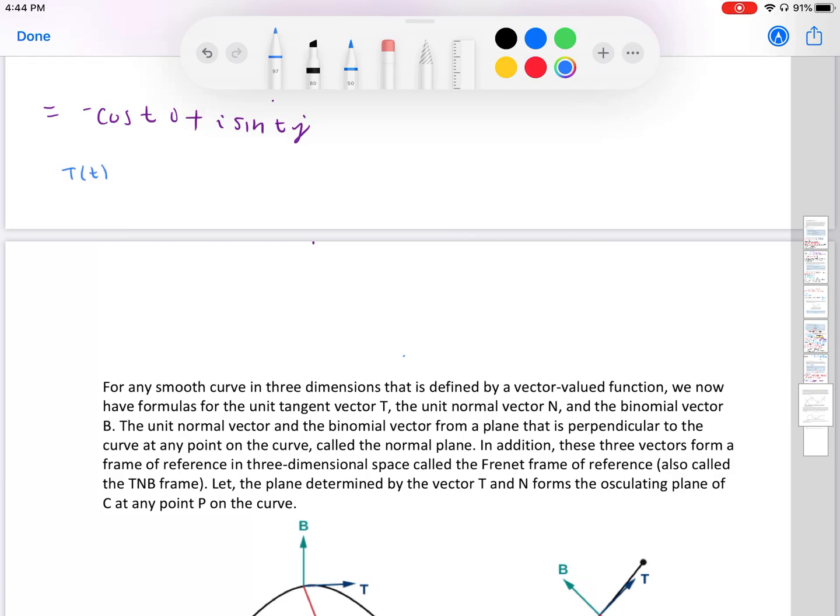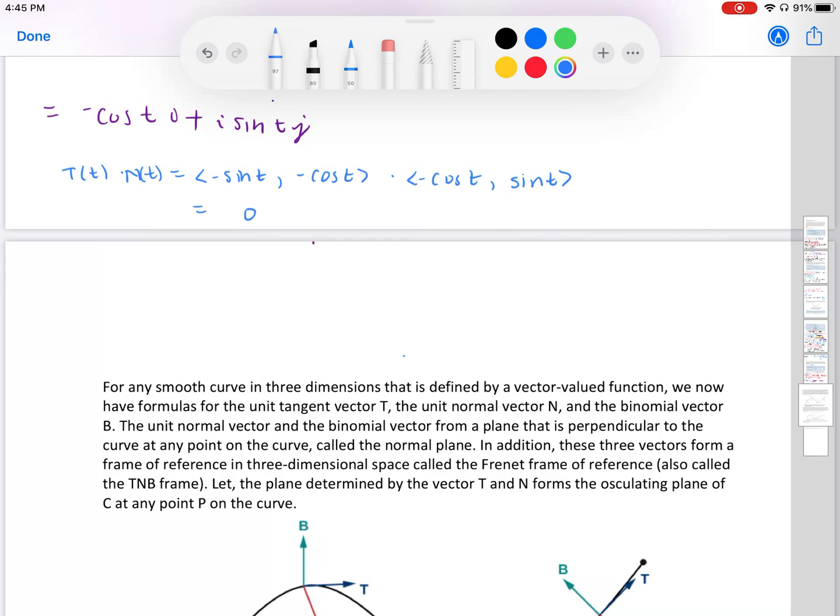So T(t) dot N(t), which is negative sine of t, negative cosine of t, which we found above, and negative cosine of t, sine of t, which we just found, we get 0 if we do the dot product.